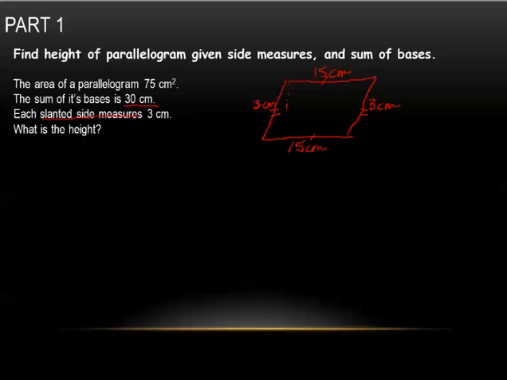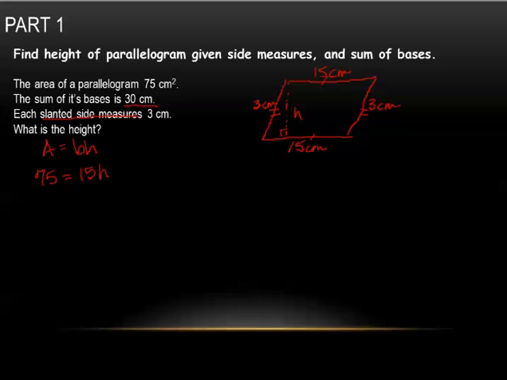Now they want us to find the height. So anytime I add an extra line to a drawing like that, I always make it a dashed line. And that dashed line is going to represent the height that I'm looking for. Okay, well, the formula for finding the area of a parallelogram is base times height. They told me the area, and I know the measure of the base is 15, and I don't know the height yet.